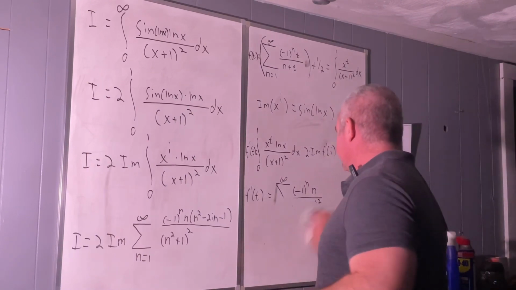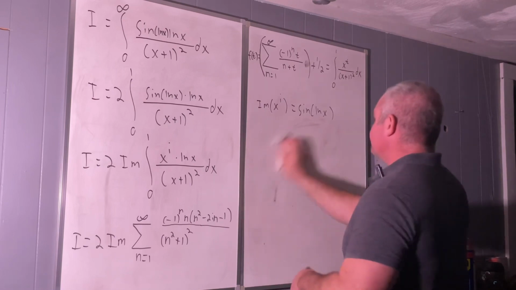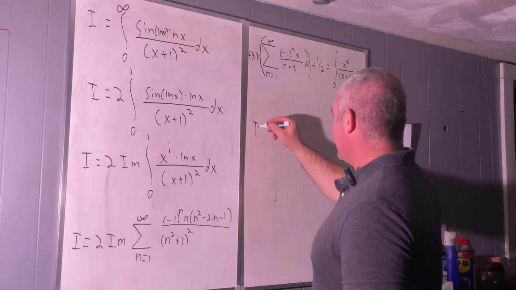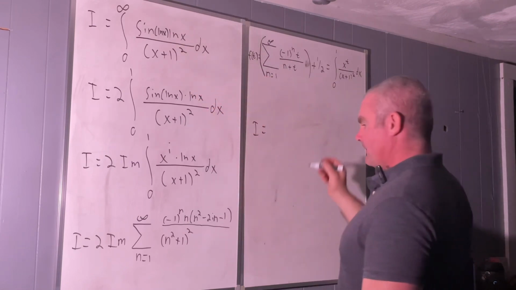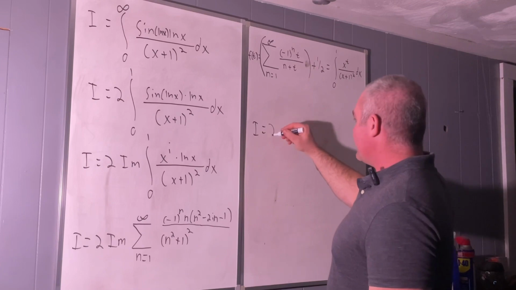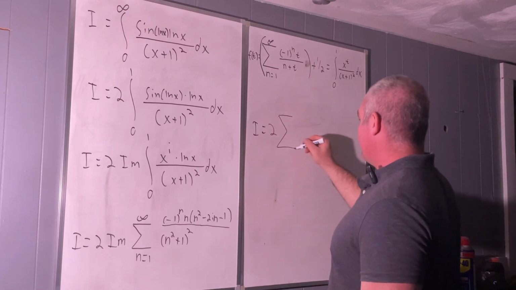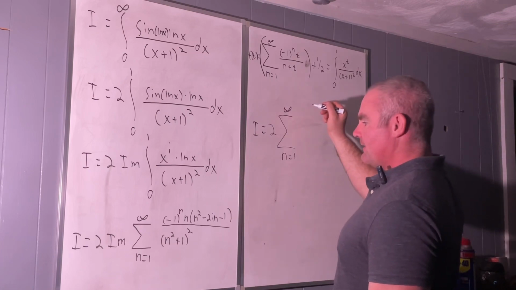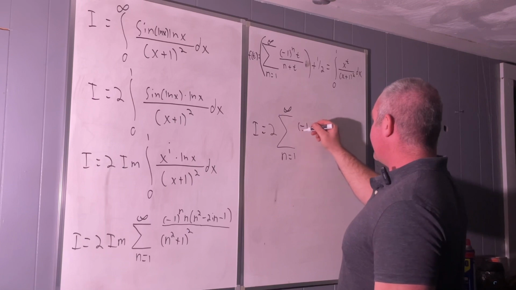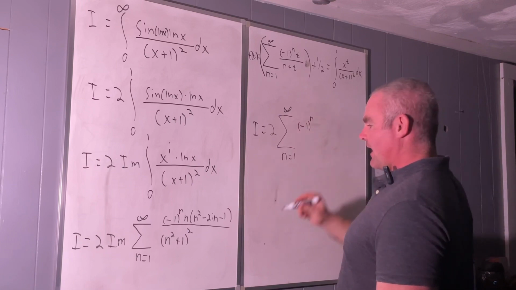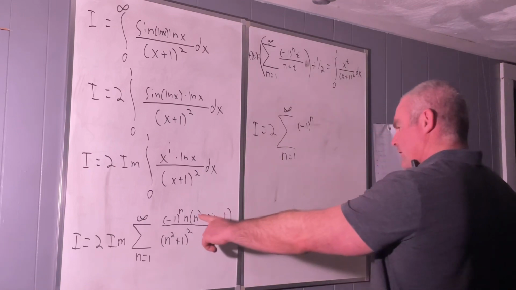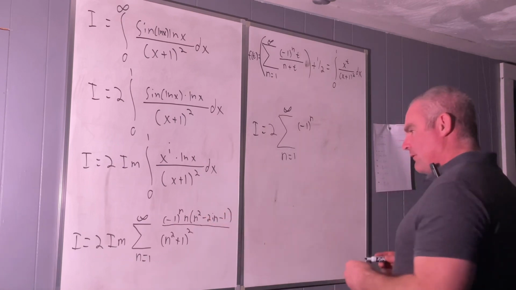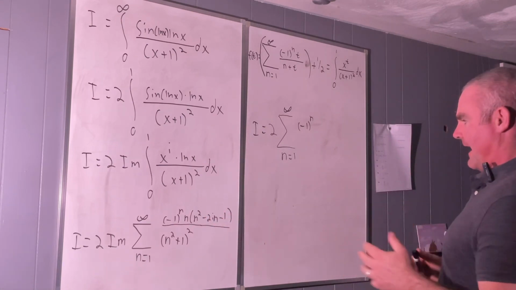So that means that I, our original integral, is going to be equal to 2 times the sum as n goes from 1 to infinity of -1 to the n times, the only thing that's going to matter in this is the -2in.